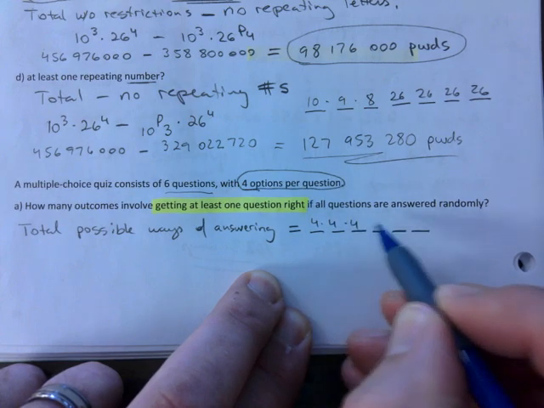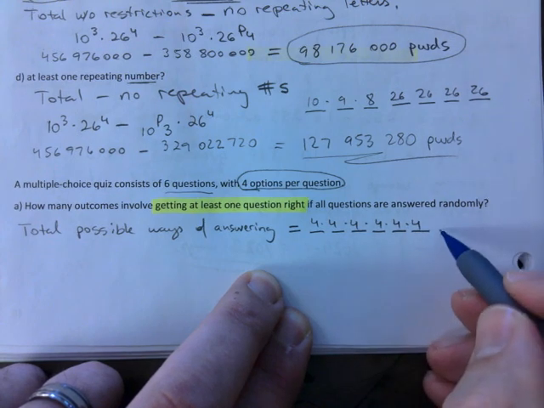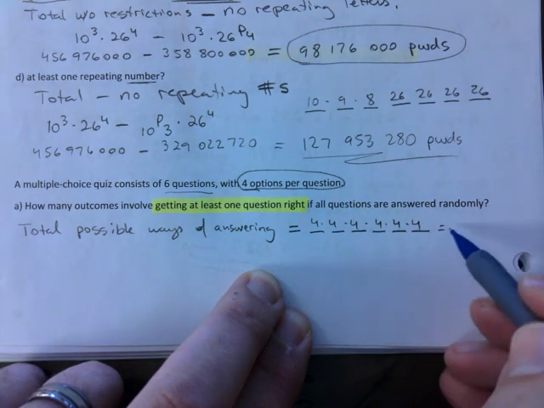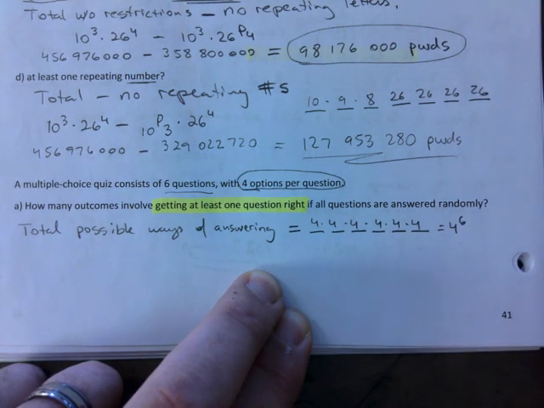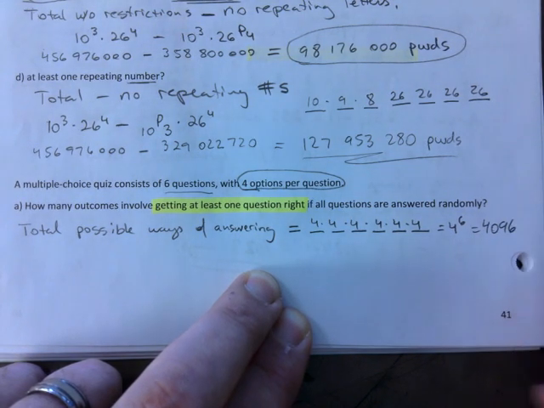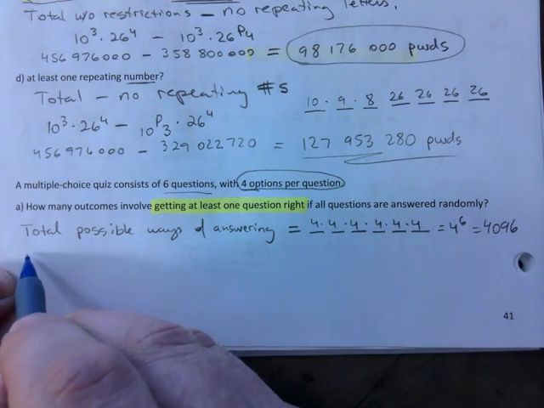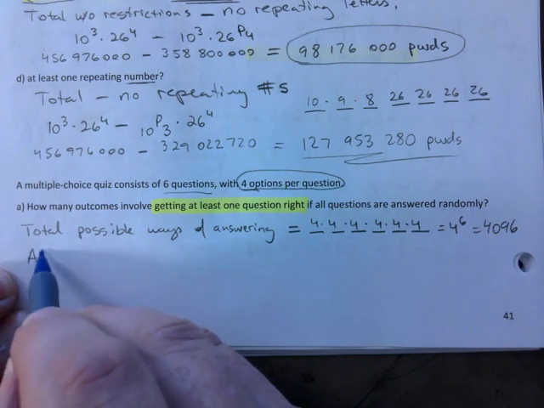Every single time you've got 4 options. That's why guessing is not a good idea, right? So that's 4 to the power of 6. That's 4,096 ways that you could possibly answer. If you randomly just go, you get another test, let's go randomly again, right? There's this many options. Now I'm going to figure out all wrong.